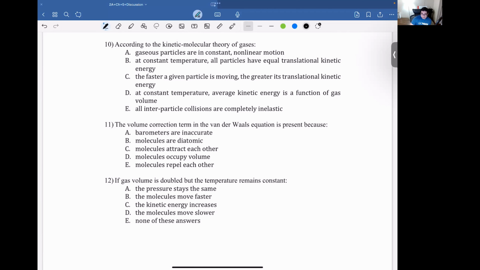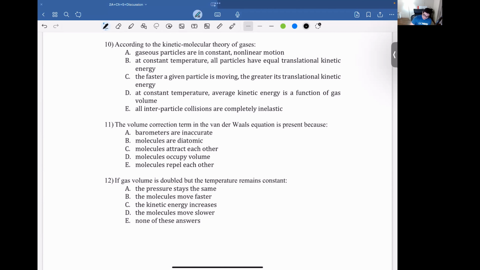Any two particles in your space, or your container, are probably not going to have the same kinetic energy. One may be moving very slow, one may be moving very fast, but on average, they have some sort of average. Most of your particles are going to be around the average, not at the average, but around it.